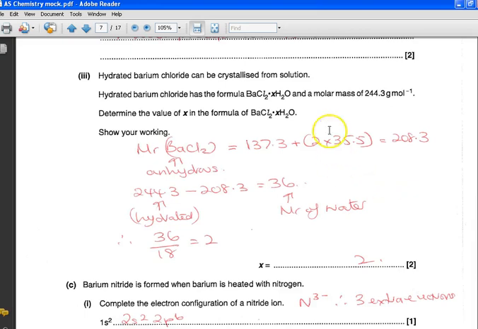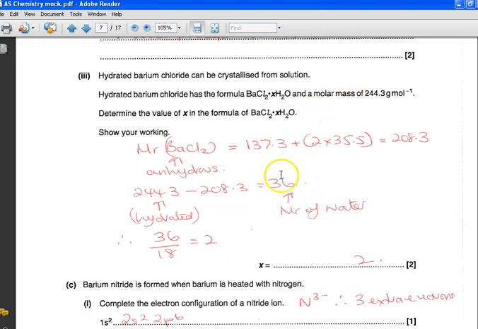Okay, so we're asked to calculate X here. This is a hydrated substance. You're given the molar mass, asked to work out what X is, how many water of crystallization molecules there are. So we've got to work out the molar mass of barium chloride without the water, yeah?